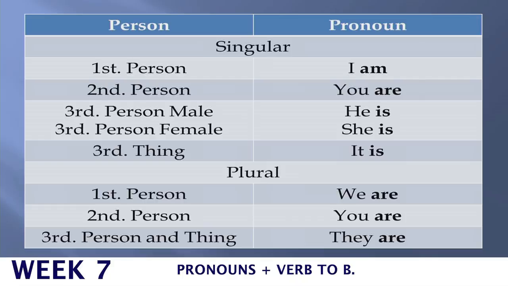For the third person, female, she is. For the third thing, it is. In the plural form, we would use for the first person, we are. Second person, you are. Third person and thing, they are.